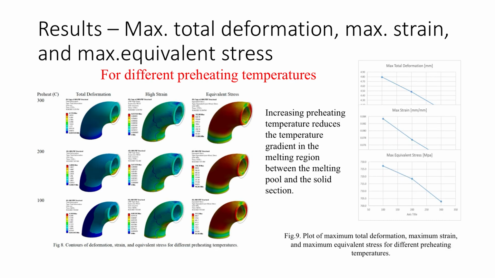Also, we looked at the preheating temperatures. When the preheating temperatures increase, the temperature gradient in the melting region decreased, and as a result of it, we obtained better or lower maximum total deformation, maximum strain, and maximum equivalent stress.